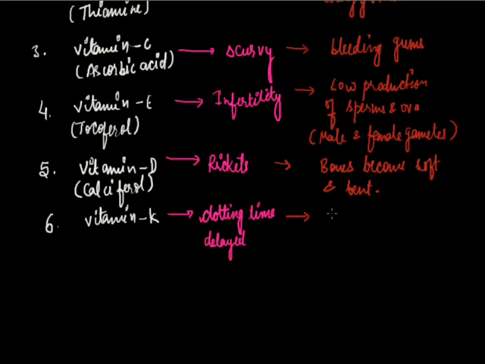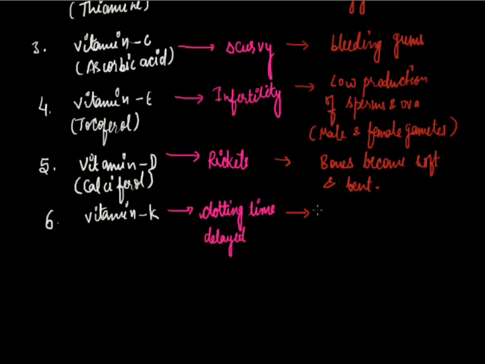So in case of deficiency of vitamin K, if a person gets any kind of injury and blood flows out of the body, clotting will not occur, and because of this loss of blood will occur in a large amount.